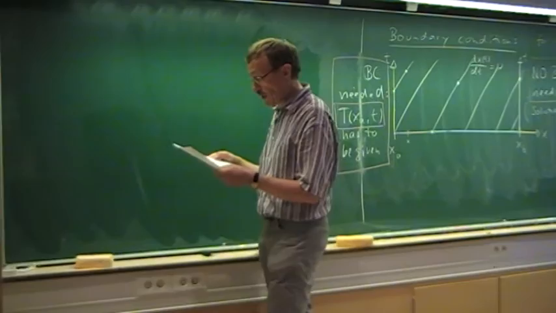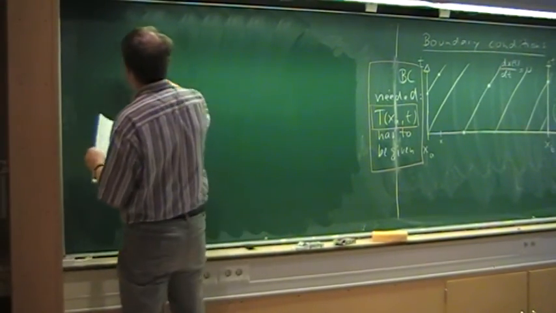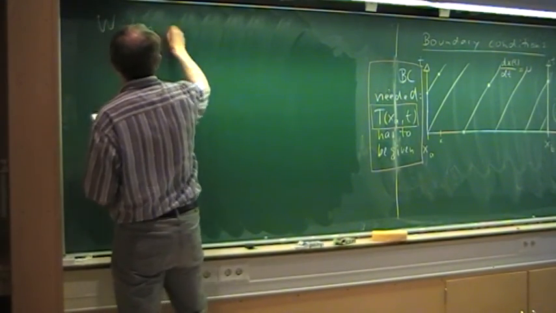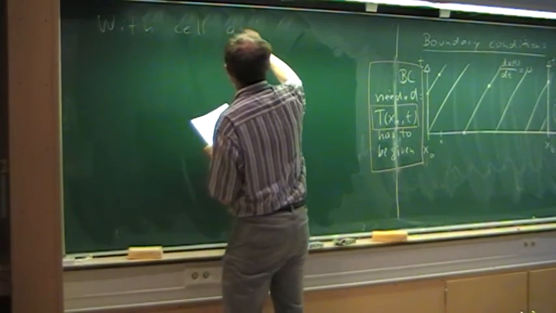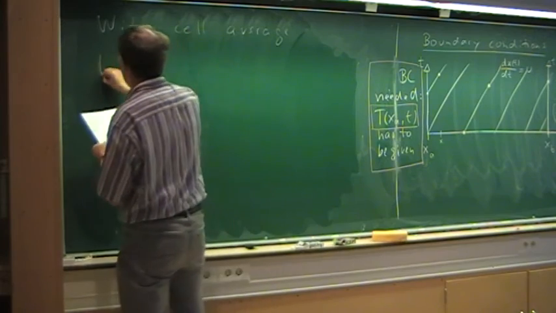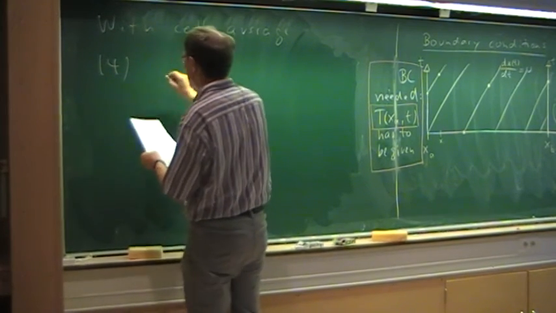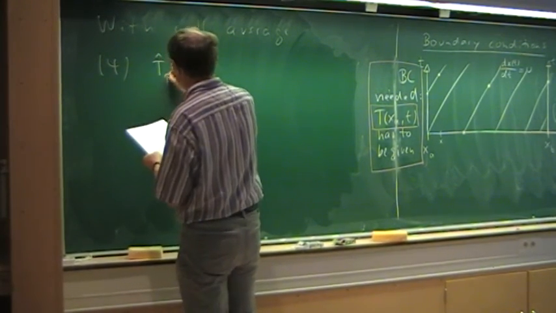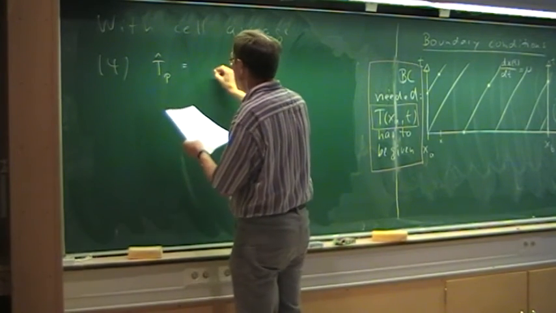Again, we introduce a cell average, as we had defined before for the heat equation. We also do that now for the linear advection equation. The definition is just the same.